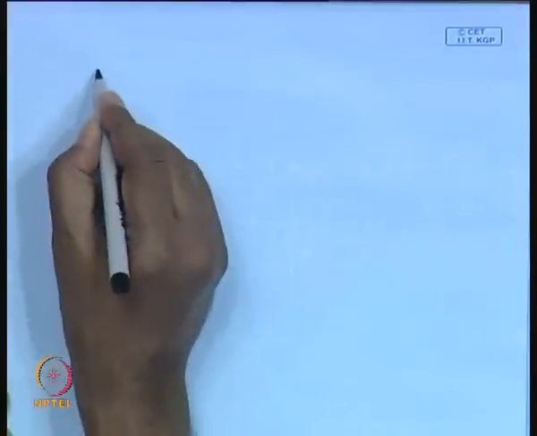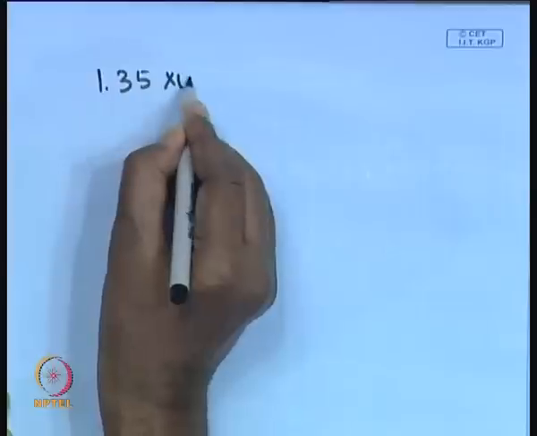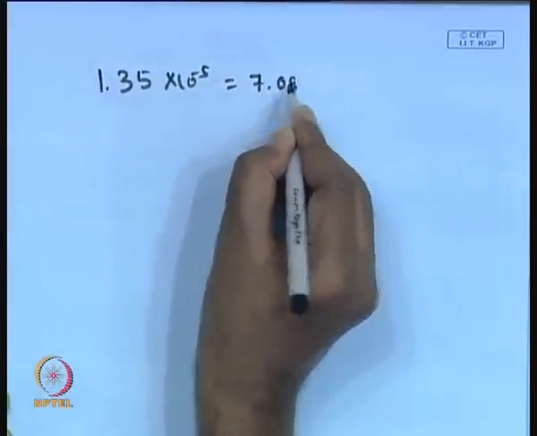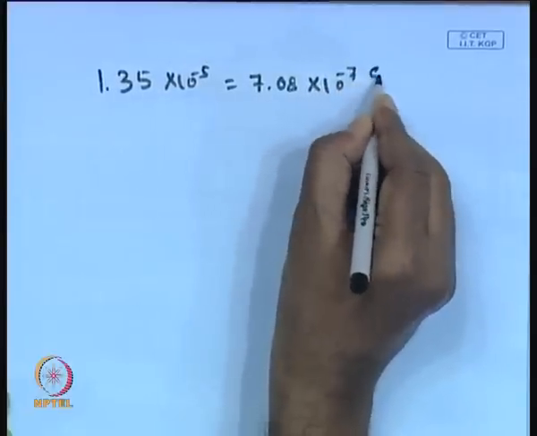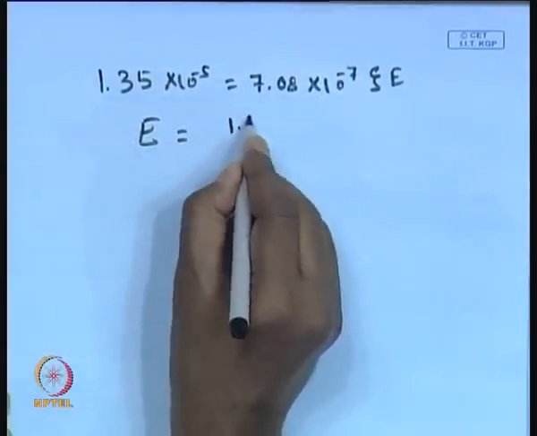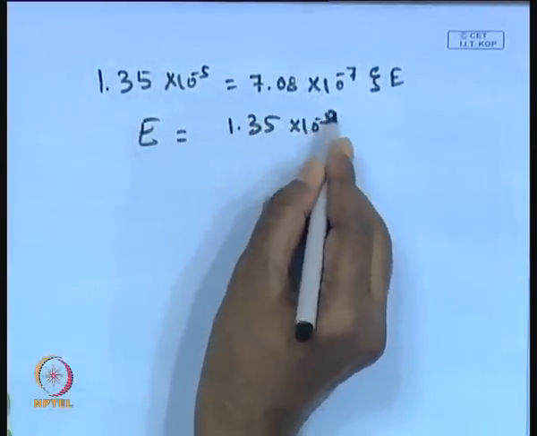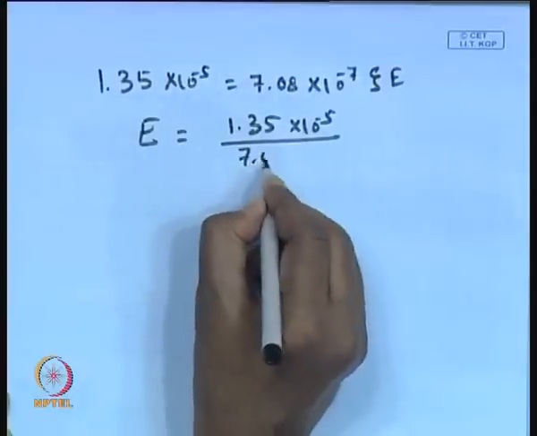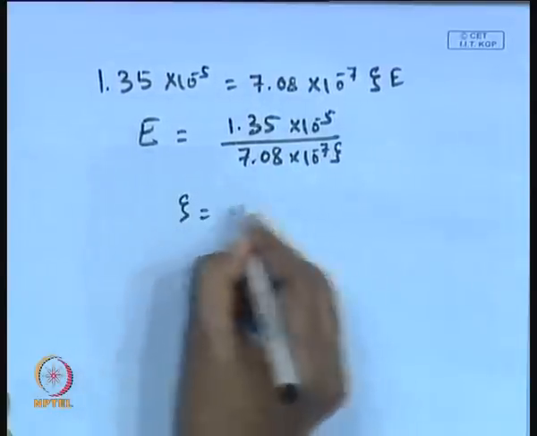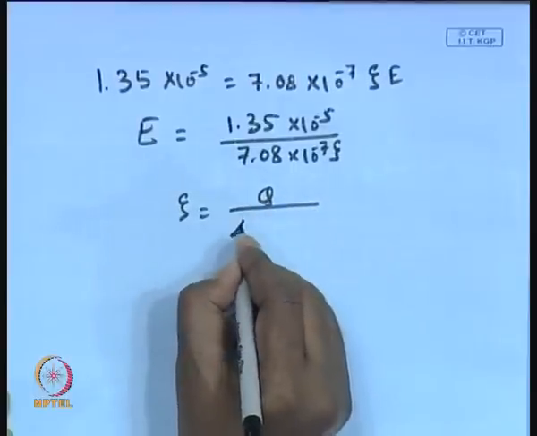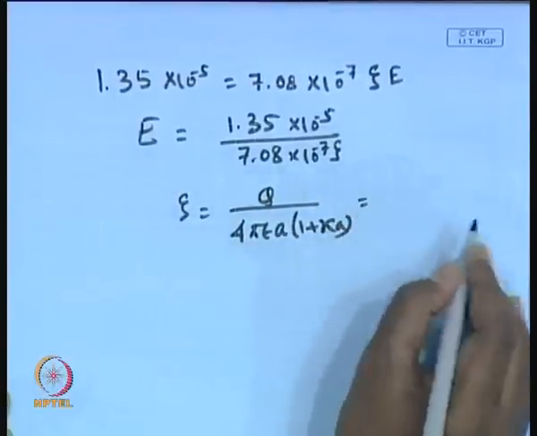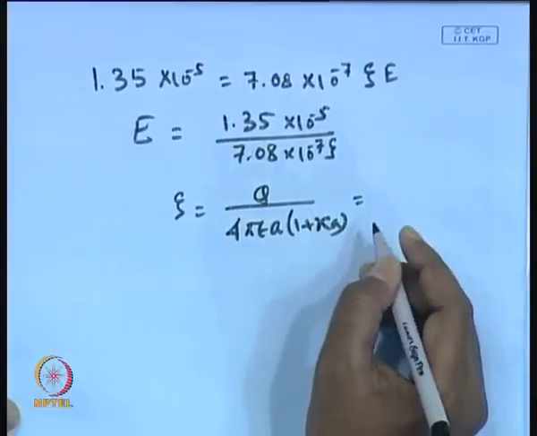So, in this particular problem, you will be getting 1.35 into 10 to the minus 5 is equal to 7.08 into 10 to the minus 7 zeta times E, and the value of external field strength will be 1.35 into 10 to the minus 5 divided by 7.08 into 10 to the minus 7 times zeta, and zeta can be found out from the formula Q divided by 4 pi epsilon A into 1 plus kappa A. And in this particular problem, we assume the same electrolytic concentration.